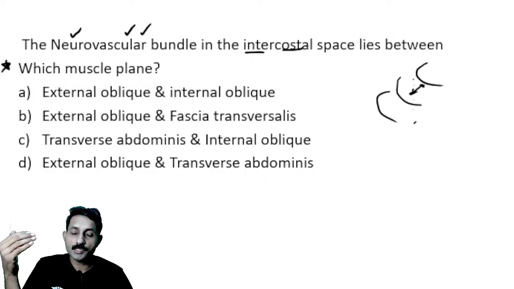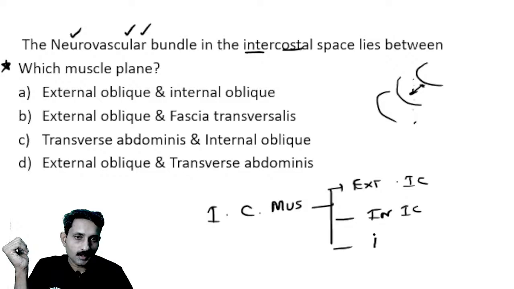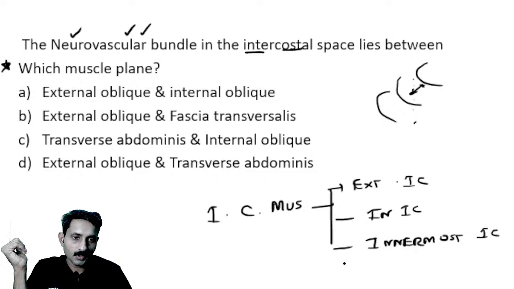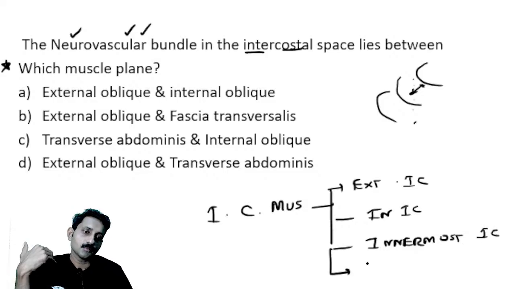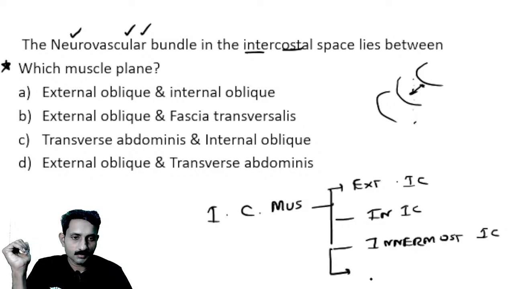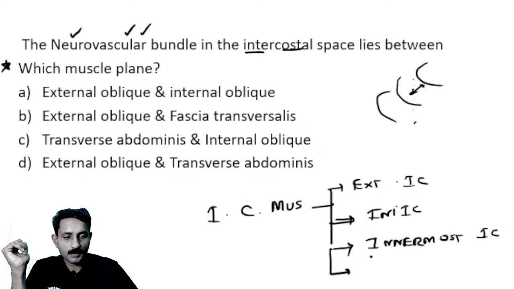We will have innermost intercostal. Then we got some fascia. So we got external intercostal, internal intercostal, and innermost intercostal. Then we have a fascia that's called endothoracic fascia.